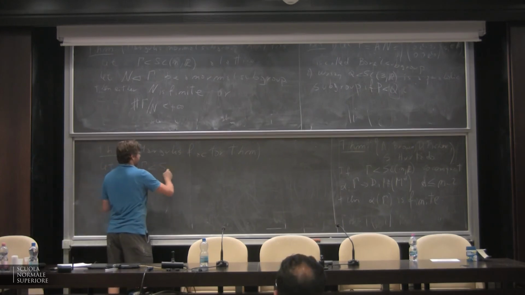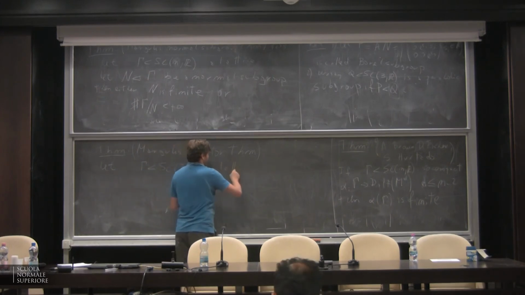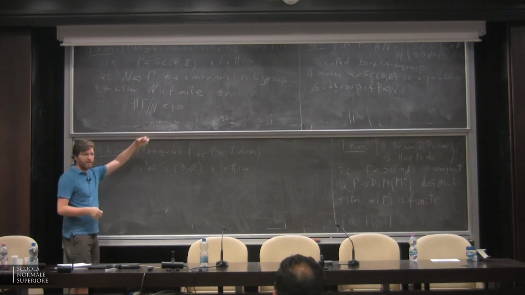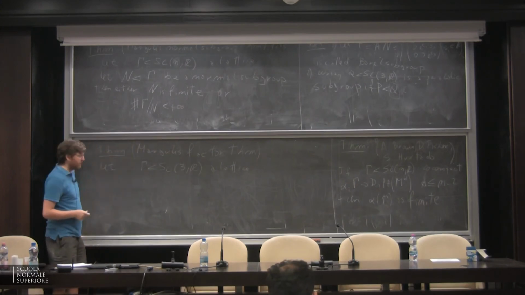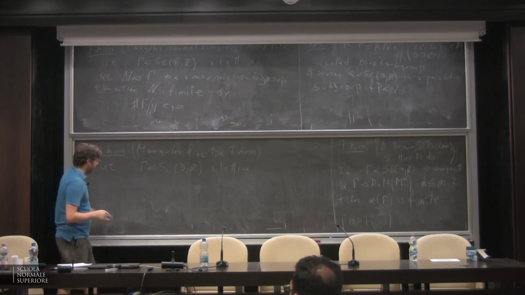Let gamma be a lattice. Again, SLNR has a counterpart, and any simple group, even semi-simple, has a counterpart here. So let gamma be a lattice.